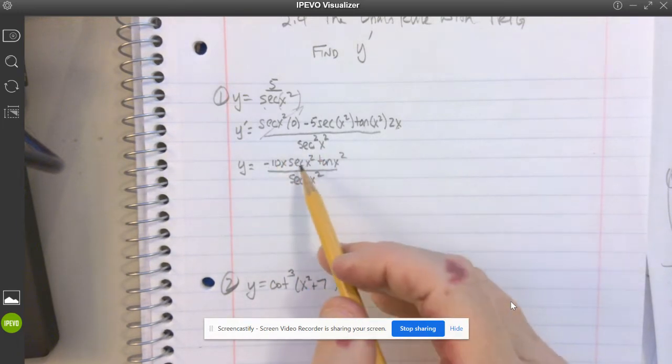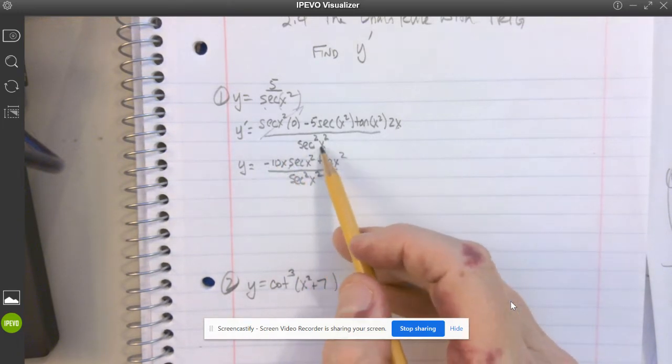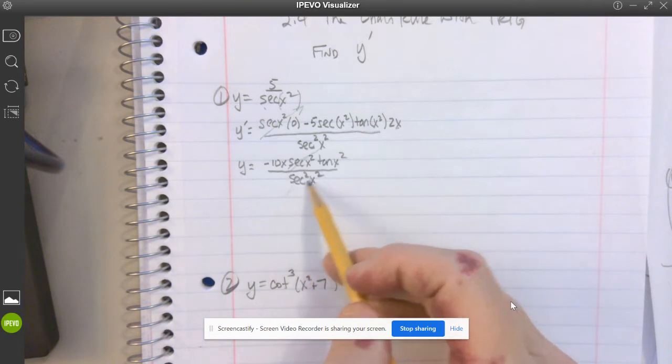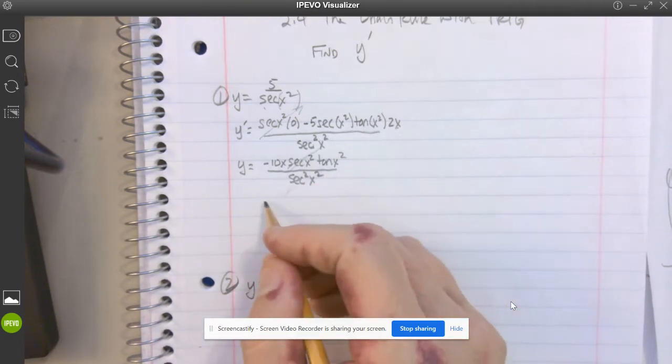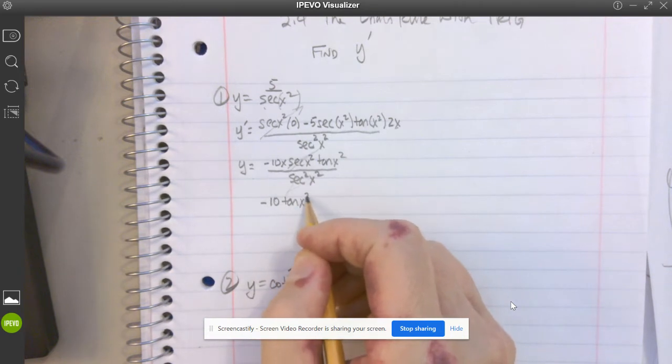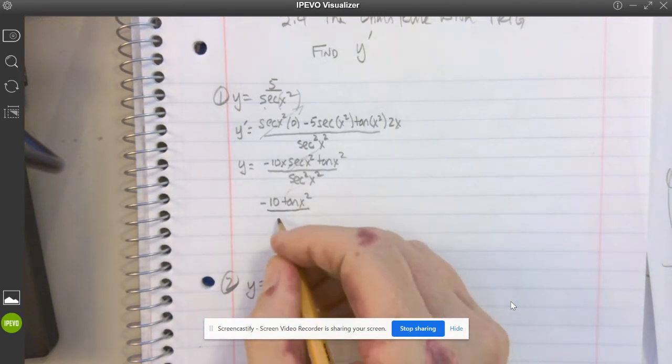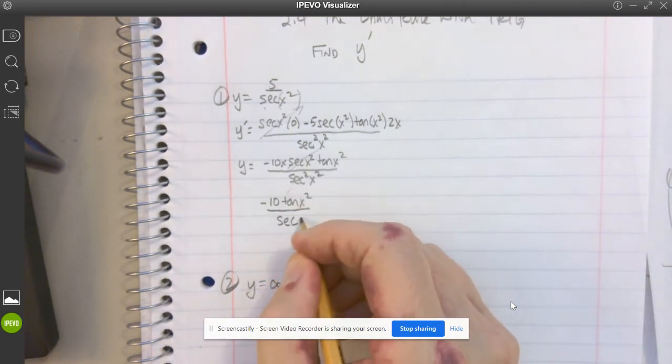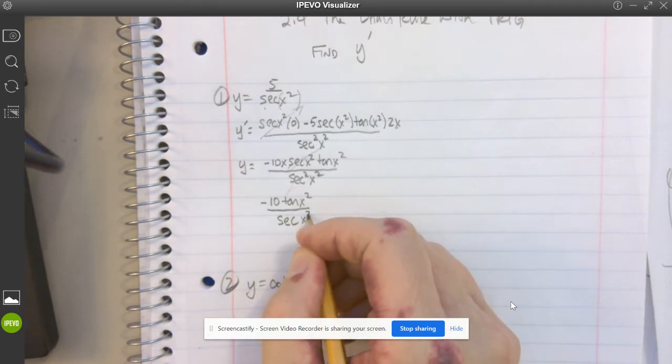These are all factors, so I can cancel one of these secant x squareds with one of these secant x squareds. You're left with negative 10 tangent x squared over secant x squared.